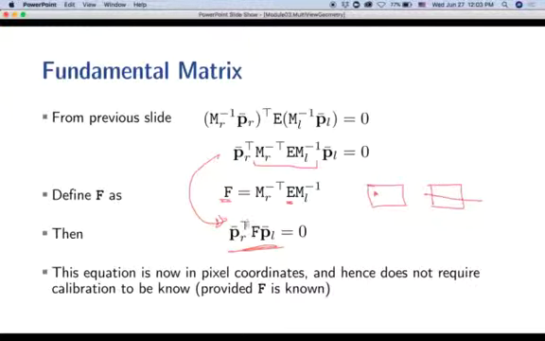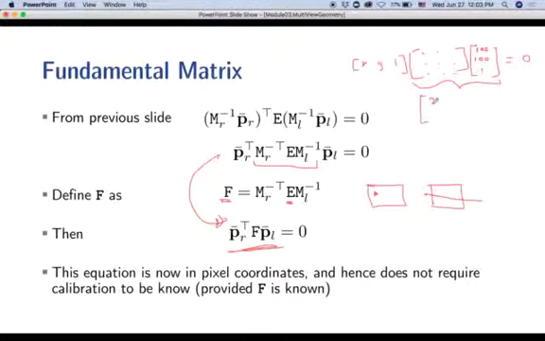No, let me give you an example. Let's say there's some F here, and the left point is given. Let's say the left point is like 100, 101, and the right point is not given, so I'll write the right point as x, y, 1, and then I write that equal to 0. So this times this gives you three values, right?